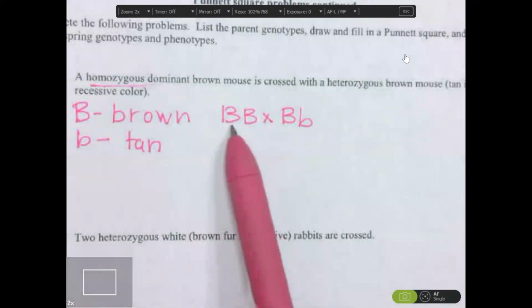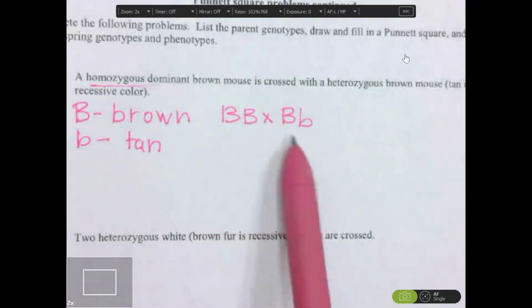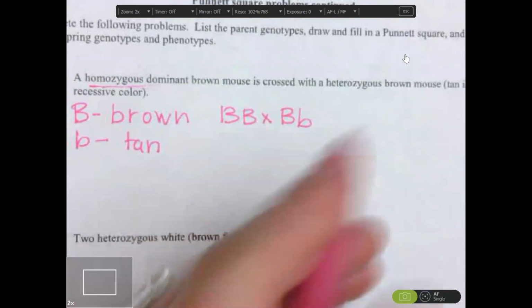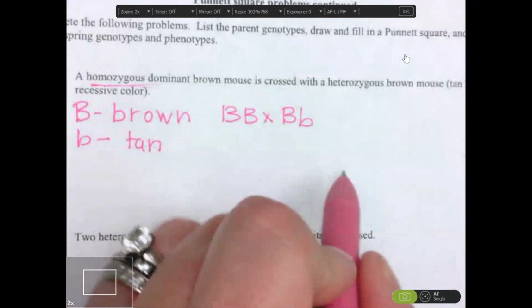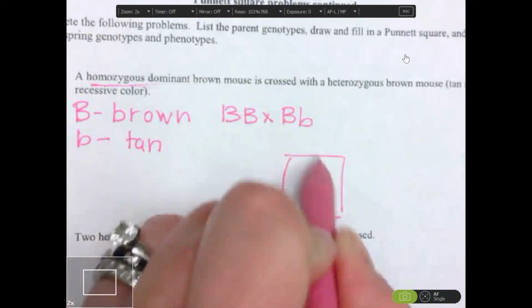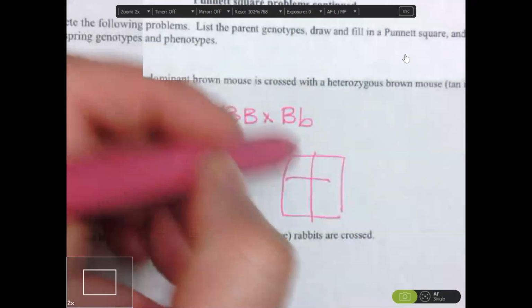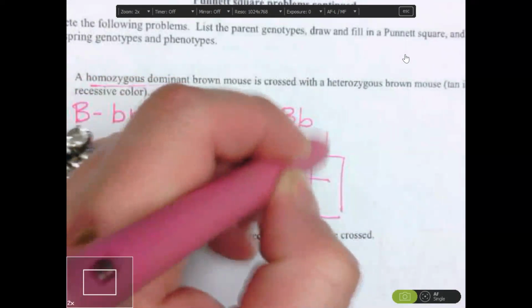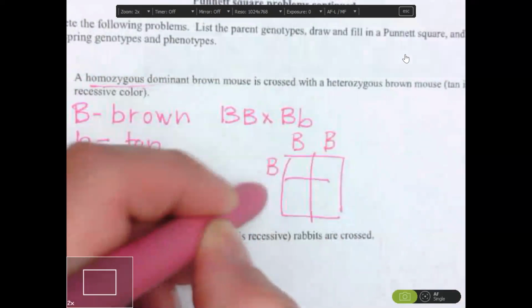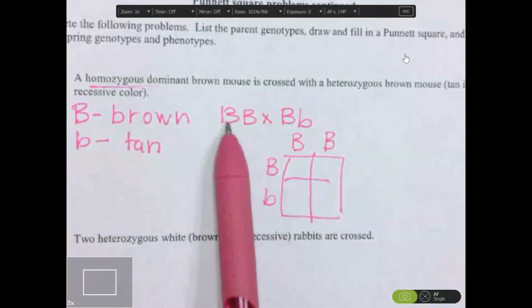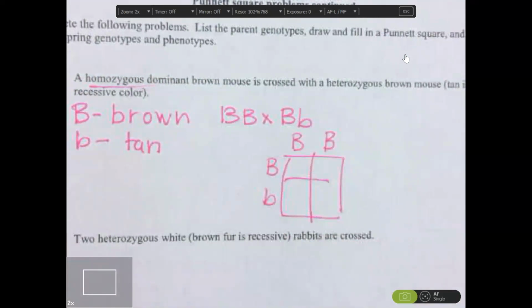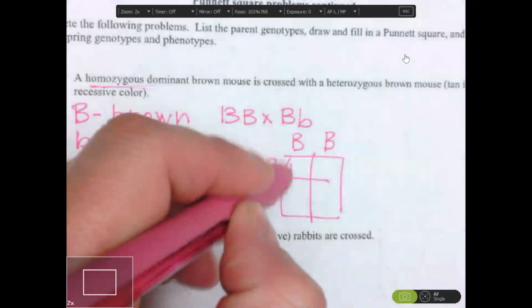This one is going to give a big B, big B. This one's going to give a big B and a little b. We're going to draw our Punnett square. I'm going to put big B right here. I've just taken my parents and put them into the Punnett square. Now I'm going to complete the Punnett square.